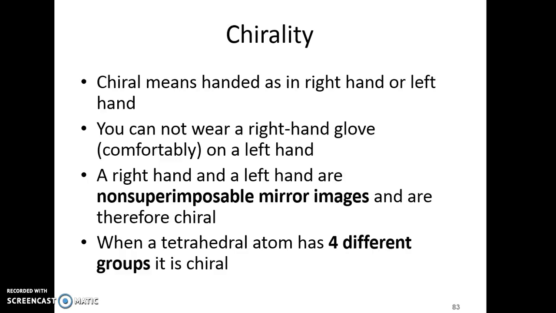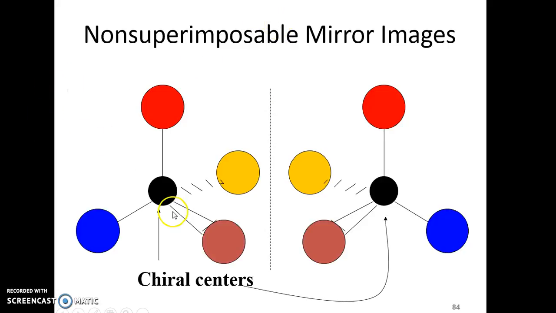Okay, those are non-superimposable. When do we have chirality in chemistry? It's when an atom has 4 different groups. When it has 4 different groups, it's going to have a non-superimposable mirror image, and we call it a chiral atom. So here are 2 atoms that have 4 different groups, 4 different colors on them. And you can see this is a mirror image of that.